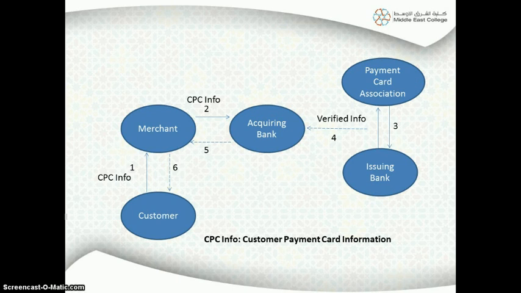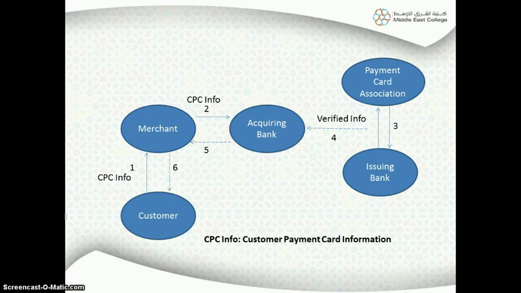A customer using his or her browser clicks on the product on the merchant's website and adds it to their electronic shopping cart. The customer provides the shipping instructions and payment card information. This information is sent securely over the internet to the merchant's commercial e-commerce site.